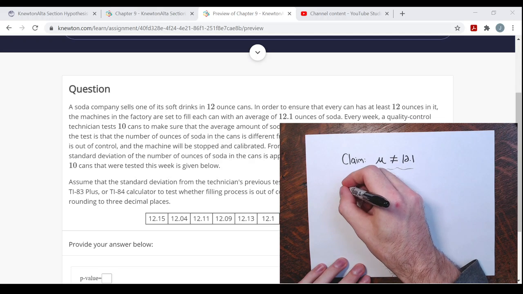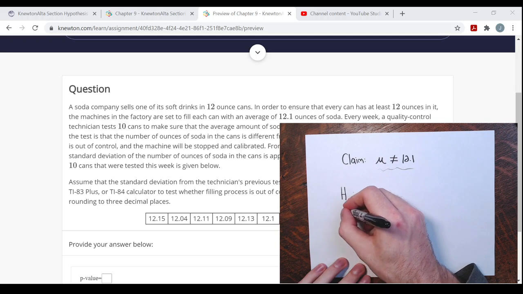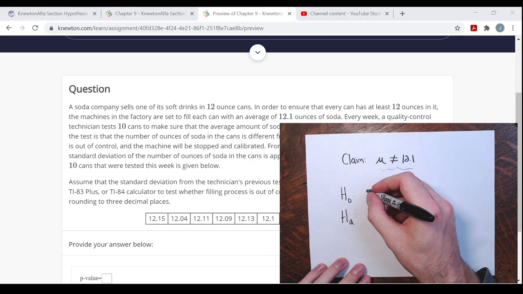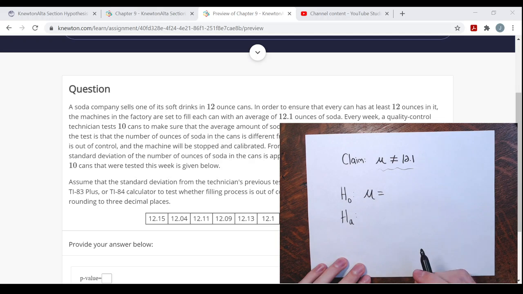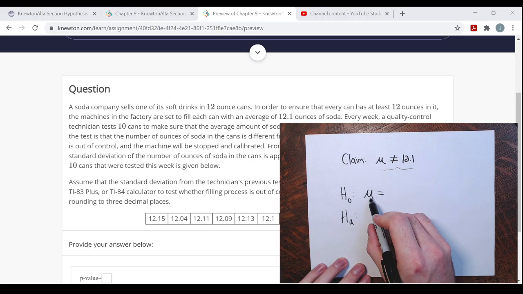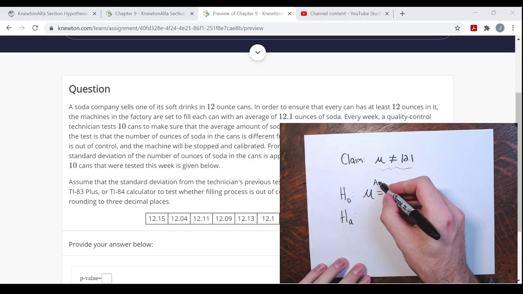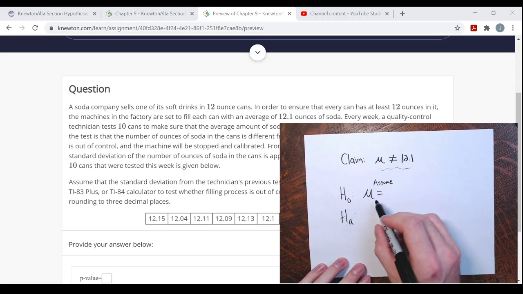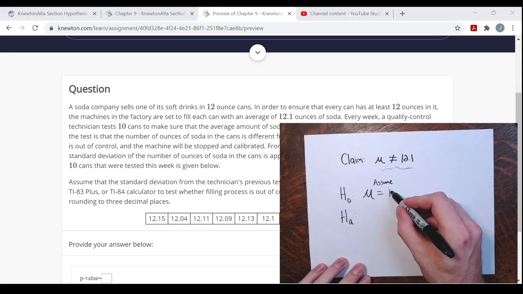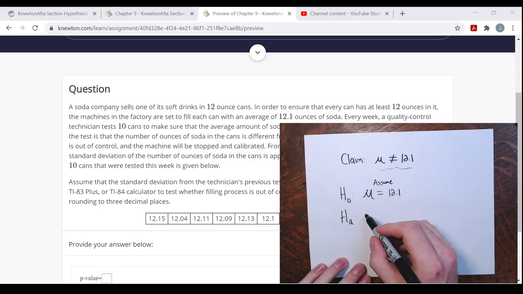Then the null hypothesis and alternative hypothesis would be the following. Now remember, the null hypothesis, you assume equals. We're going to assume that the average amount of soda in the cans is 12.1 ounces, and then test.